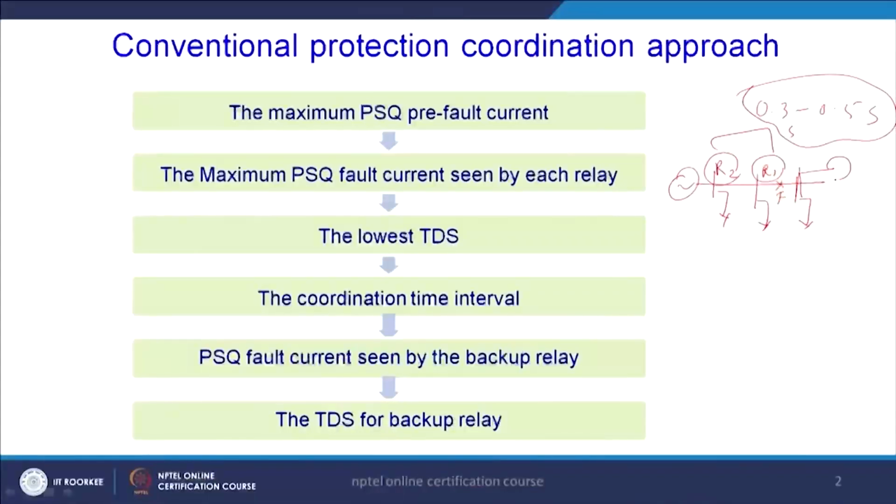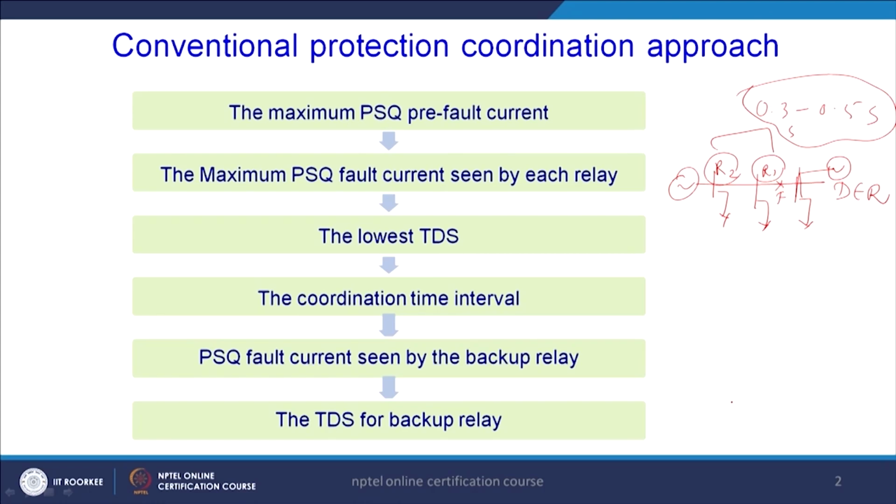As I said from the beginning, in distribution networks, mostly in the 11 kV network, we use overcurrent relays. But due to the penetration of renewable sources, let us say here one renewable source DER is present, what will happen?